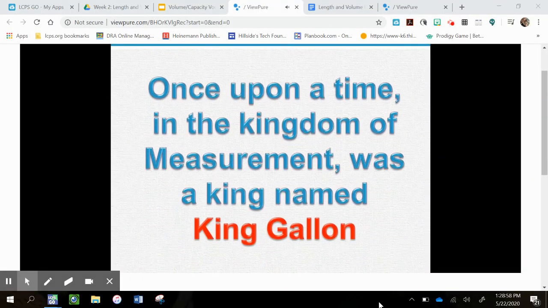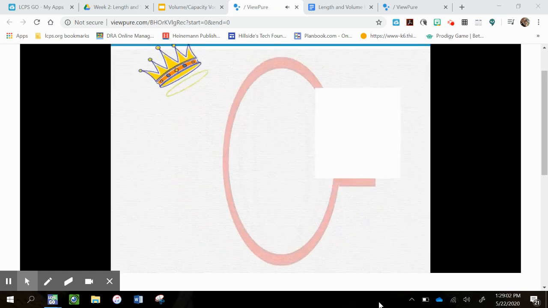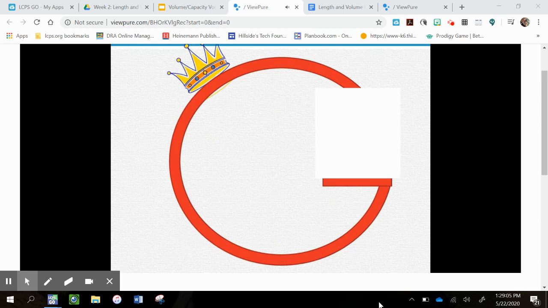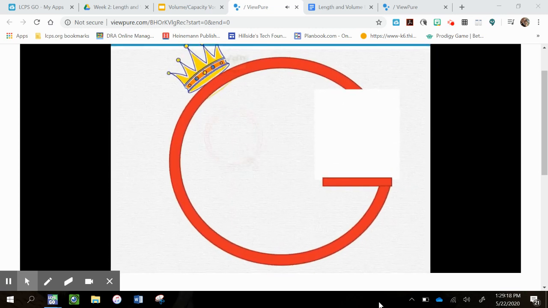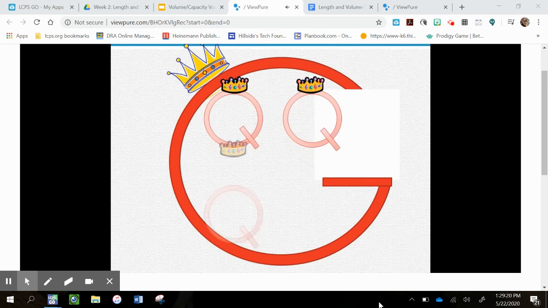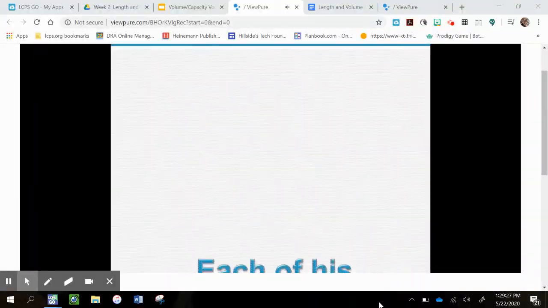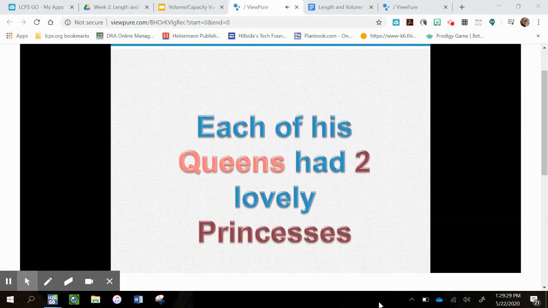Once upon a time in the kingdom of measurement was a King Gallon. Gallon had 4 beautiful queens.